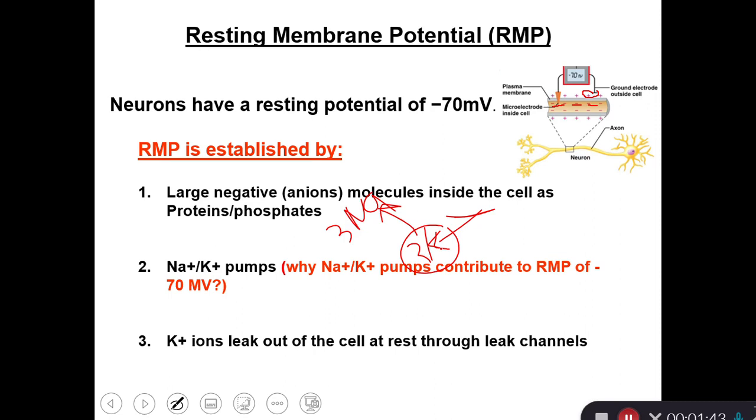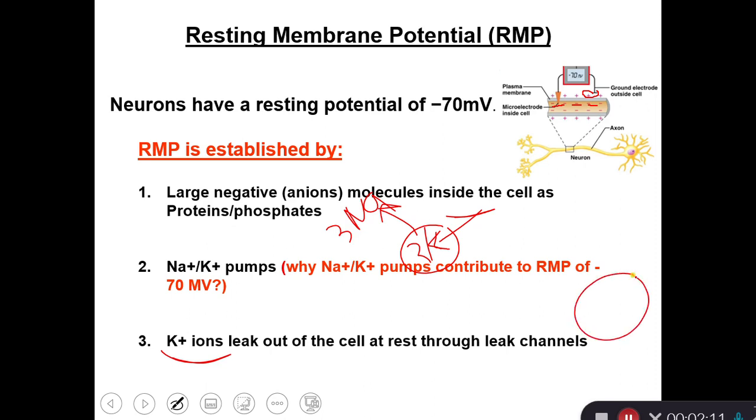So in one activity of the sodium potassium pump, we lose one positive charge from the inner side of the cell. And that's why the inner side of the membrane is negative if you compare it to the outer side.